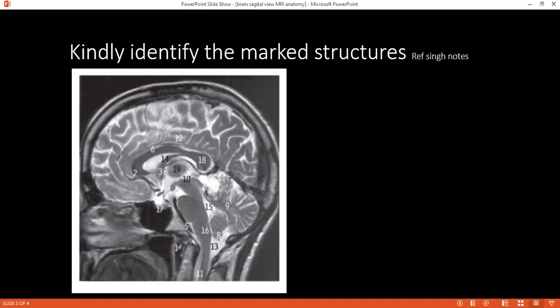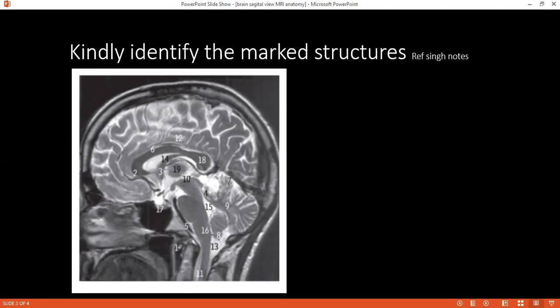There are 9 lobes, composed of lobules. Yes, lobules, very good. These lobules are lingula, central lobule, and many others. Okay.